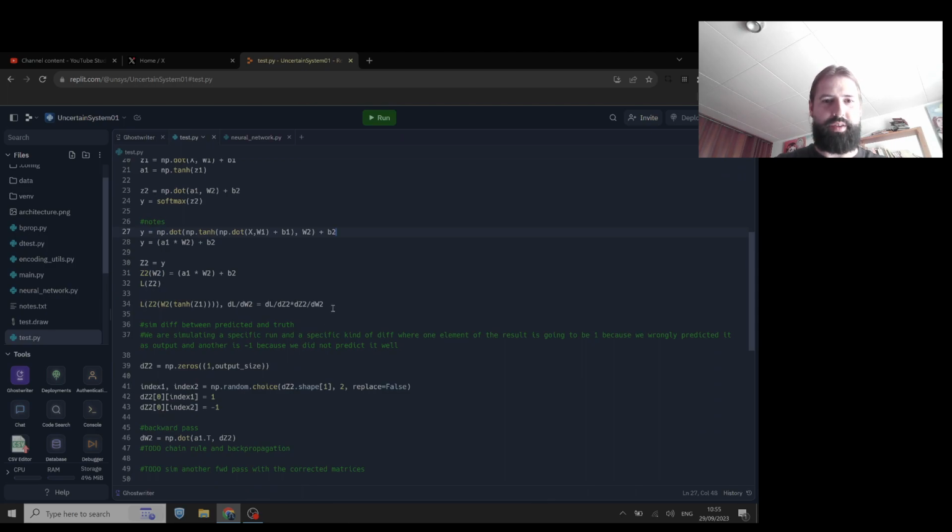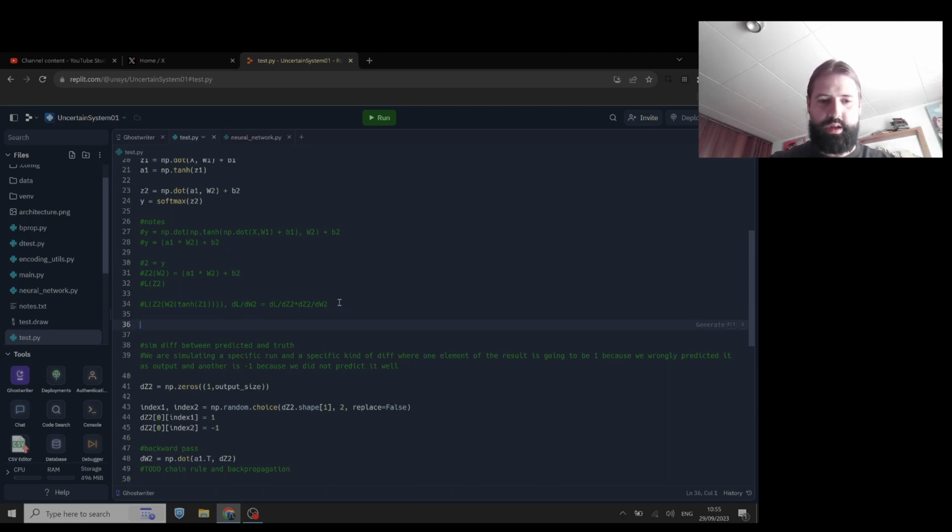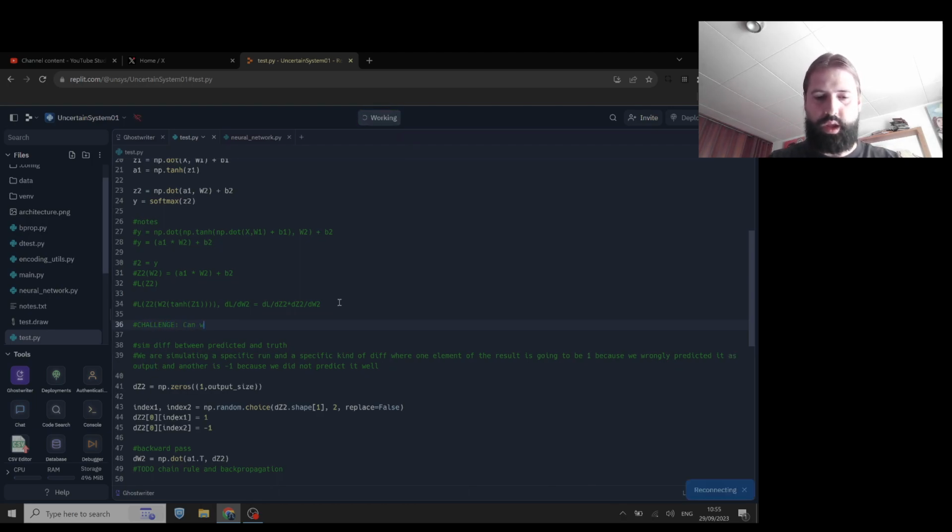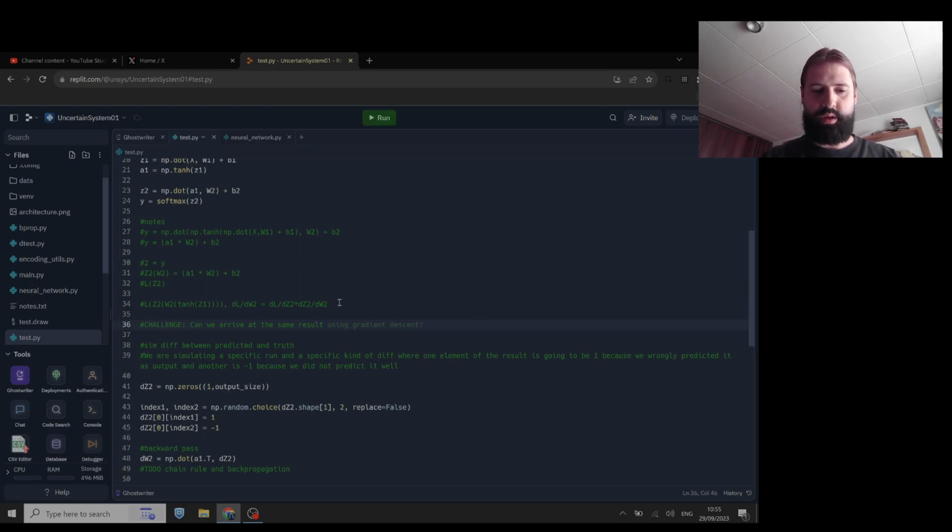Can we arrive at the same result starting off of a row formula like this?